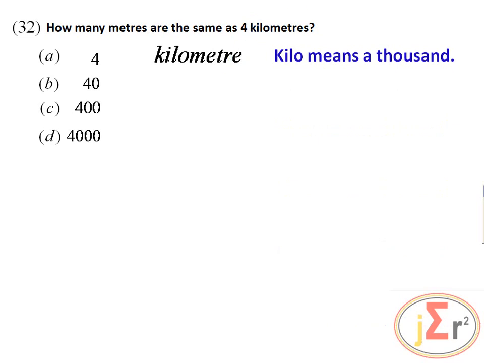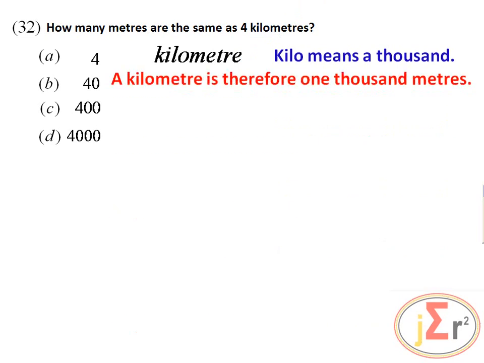So 4 kilo means what? 4,000. A kilometer is therefore 1,000 meters. So where we see kilo, we may replace that with what? 1,000. Right, we will replace that with 1,000.